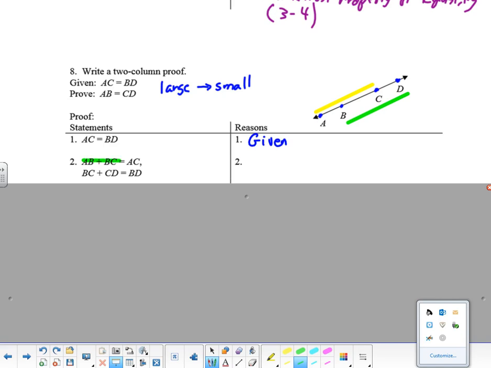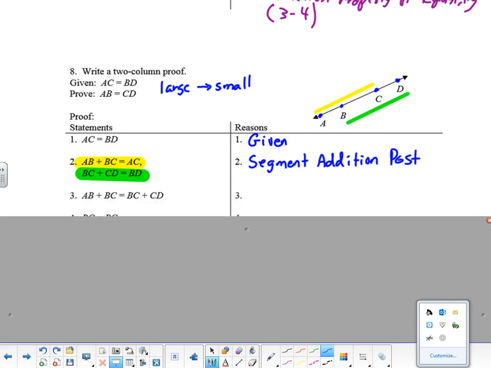There's our, gotta get my yellow. Yellow. And then the other one is what we've done with green. Can you think of the reason for that? If you said to yourself, the segment addition postulate, you are correct. This is the segment addition postulate.